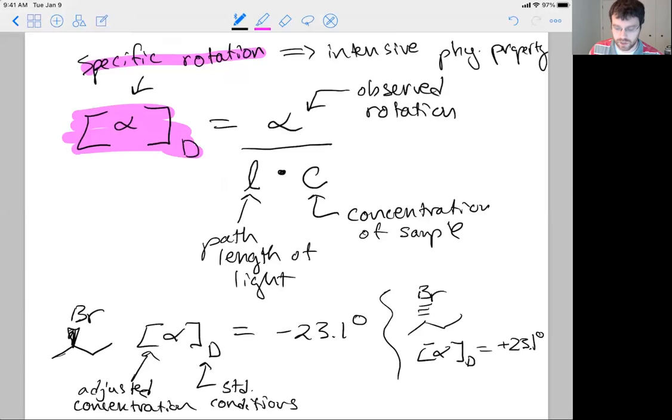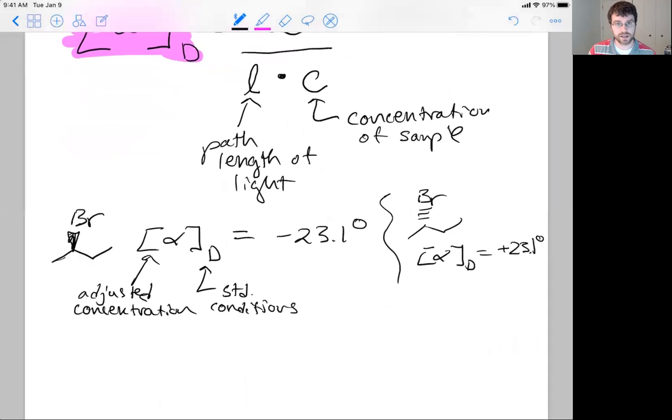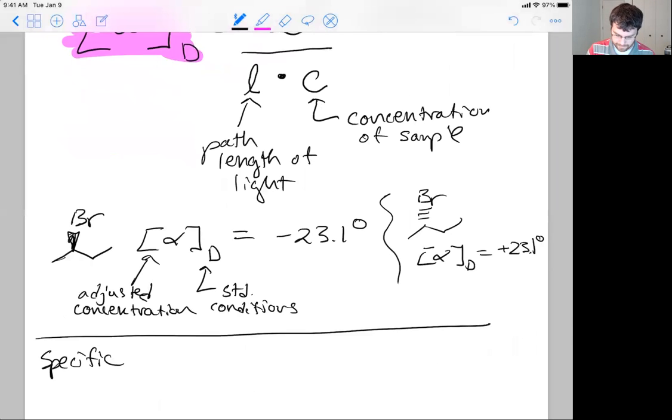Okay, so that is specific rotation and optical rotation. What you would really want to know is the difference between specific and optical rotation and why specific rotation is useful. Specific rotation allows us to differentiate enantiomers, and we just use a plus or minus sign.